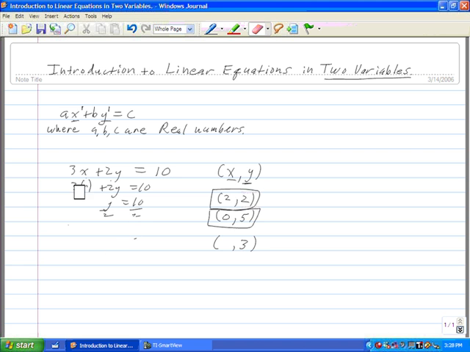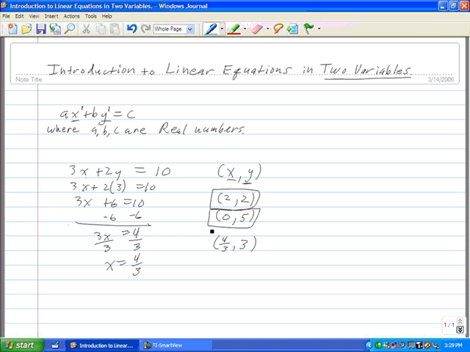I clear off the last solution, plug in the y value we just picked, and solve. Here is yet another solution to the same linear equation.